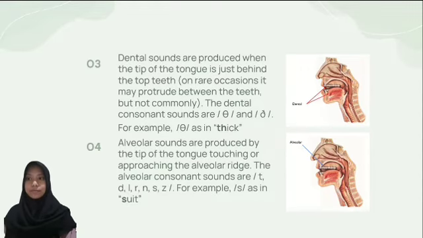The fourth is alveolar. Alveolar sounds are produced by the tip of the tongue touching or approaching the alveolar ridge. The alveolar consonant sounds are t, d, l, r, n, s, z. For example, s as in sin.